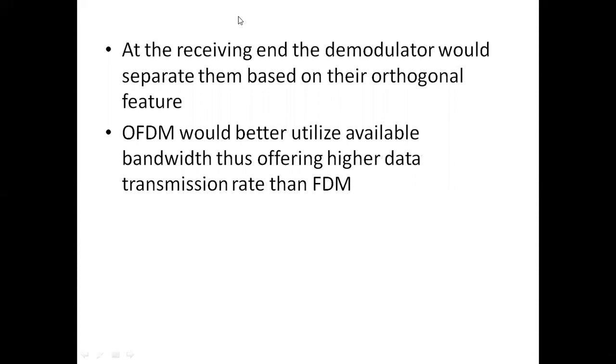So OFDM better utilizes the available bandwidth, thus offering higher data transmission than FDM. Here we are using the lowest bandwidth, that is, there is a better utilization of bandwidth, and thus we are offering the highest data transmission compared to FDM. So that is the difference between FDM and OFDM.